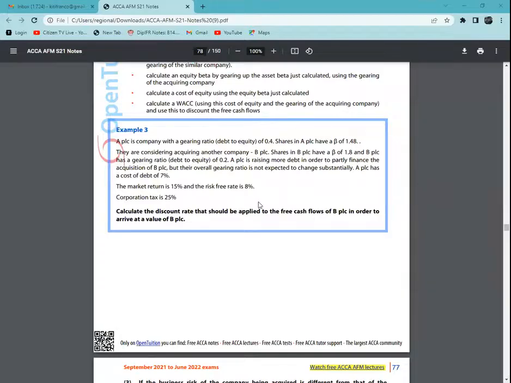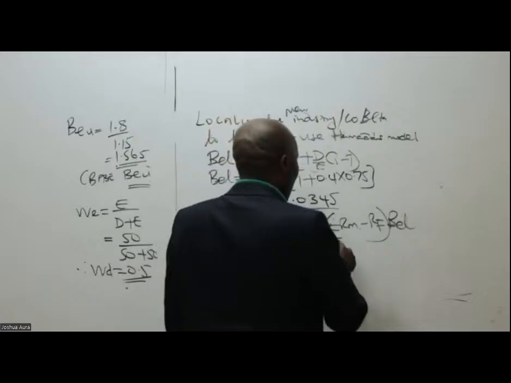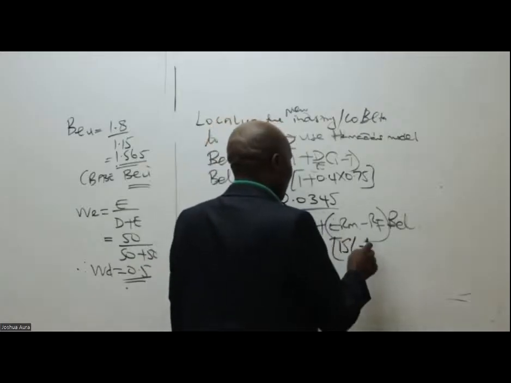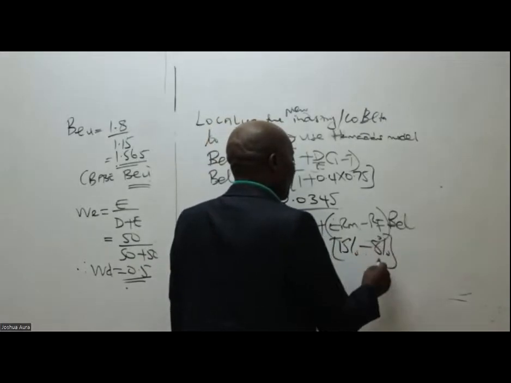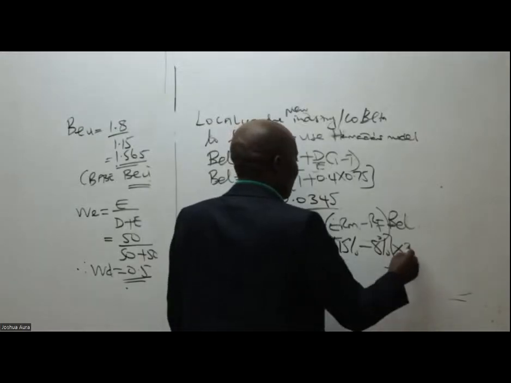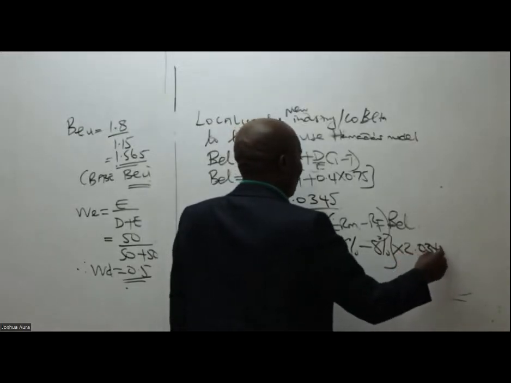Thank you so much. Plus, are you able to see the expected return of the market? Yes. Market return here is 15%. So market return here is 15% minus risk-free, which is 8%, multiplied by the beta that we got up here, which is 2.0345.